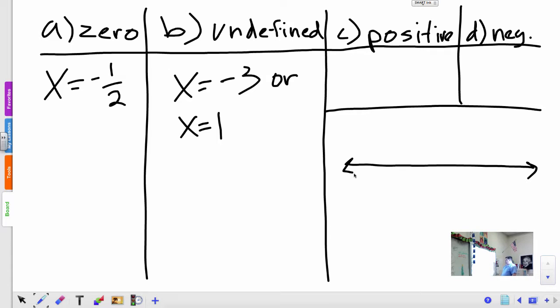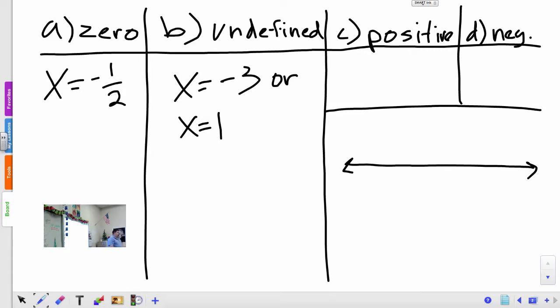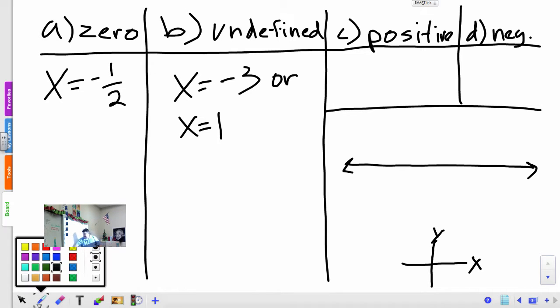Now what the sign chart is saying to us is when I graph the function, it crosses the x-axis. So what we need to think in our mind is, I'm going to draw down here. Now this is a rational function.